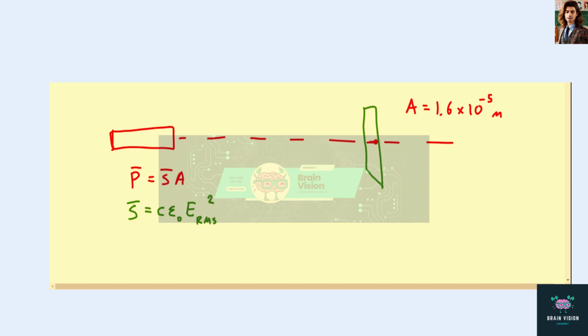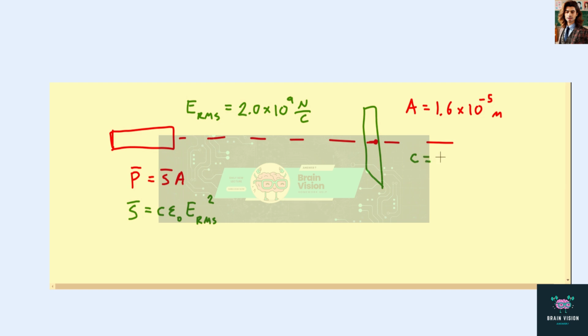Well, we know what ERMS is. That was given to us in the problem as well. ERMS is equal to 2.0 times 10 to the 9 newtons per coulomb. And then C and epsilon naught are also known.